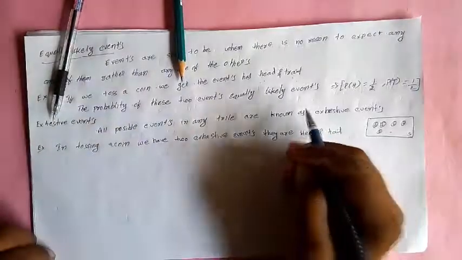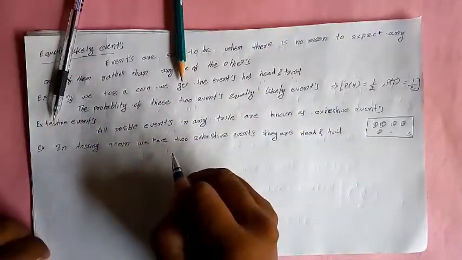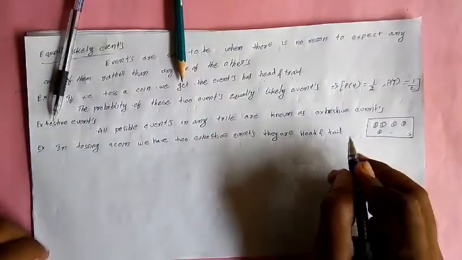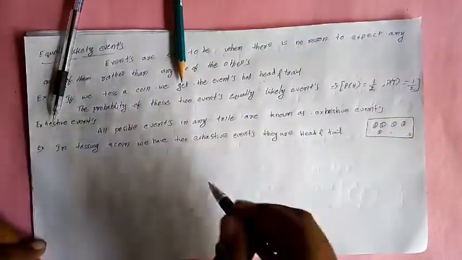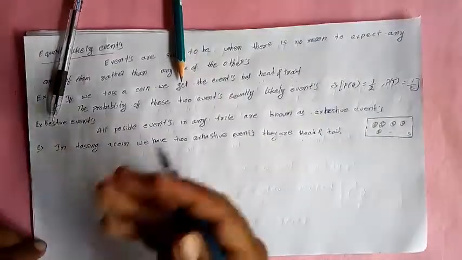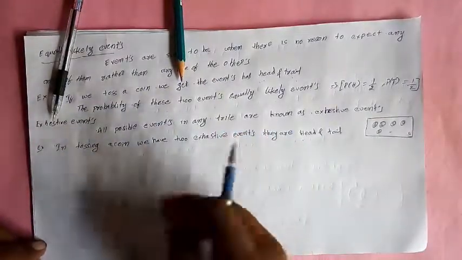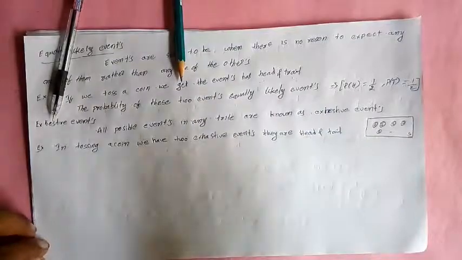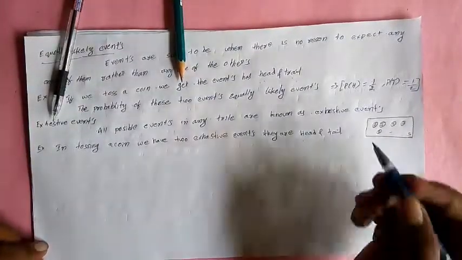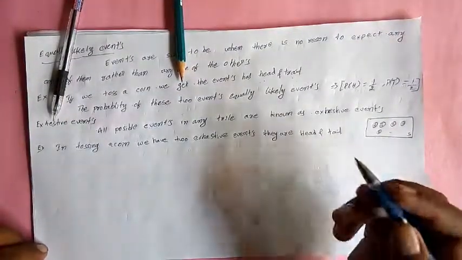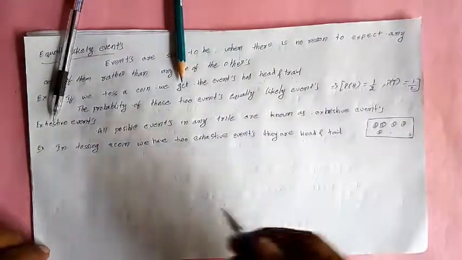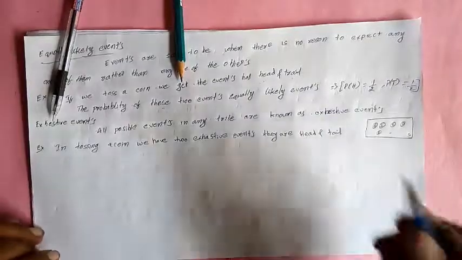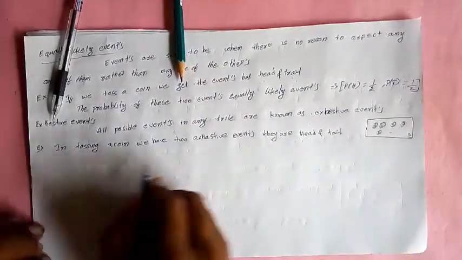In the trial we get only two events, one is head and one is tail. So these two are the exhaustive events of that trial. Taking another example, throwing a die, the number of exhaustive events in the trial is 6, that is 1, 2, 3, 4, 5, 6. In tossing a coin, the exhaustive events are 2.